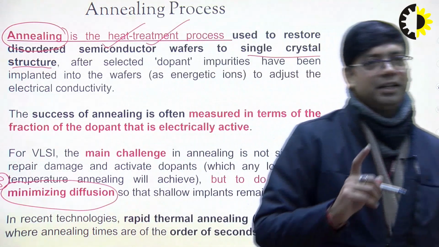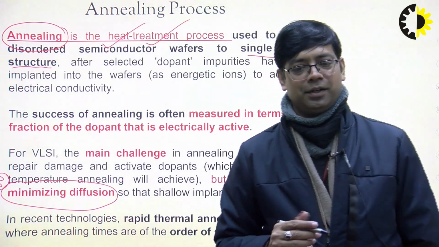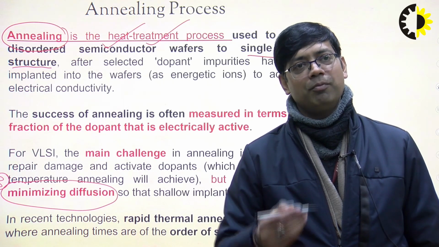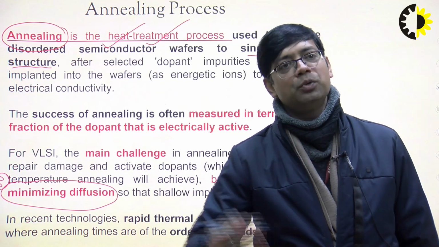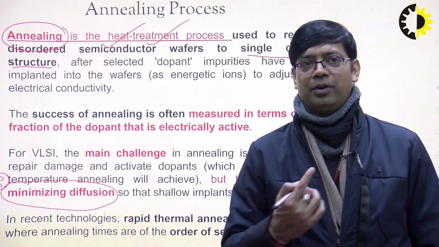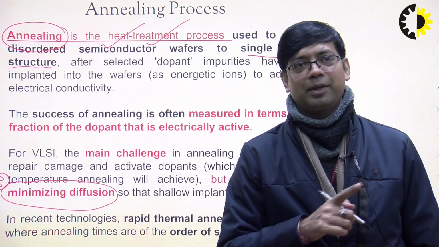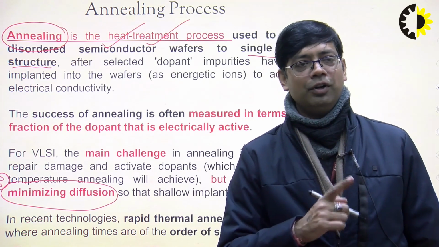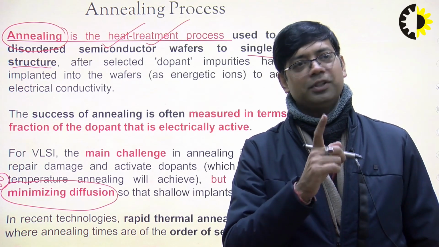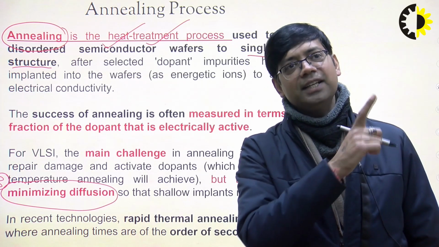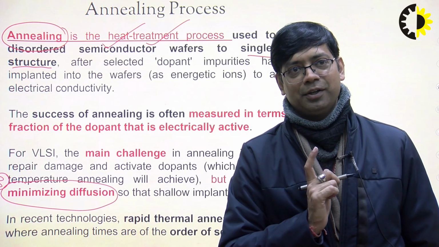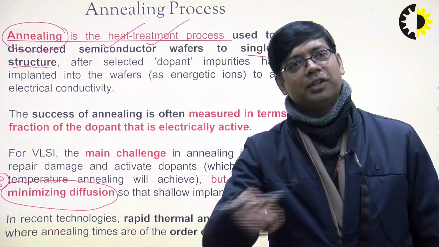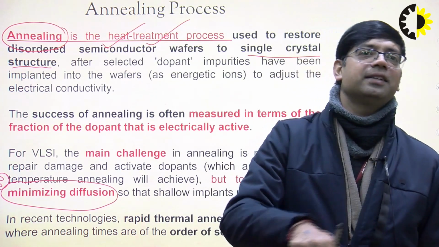Minimize the diffusion. We know that in case of diffusion, what happens? Due to concentration gradient, the dopant moves from one region to another region. Now, we know that diffusion is a high temperature process, while ion implantation is a low temperature process. Diffusion is a high temperature process and annealing is also a high temperature process. So, what happens when we do annealing? Diffusion also happens, and this is undesired diffusion.